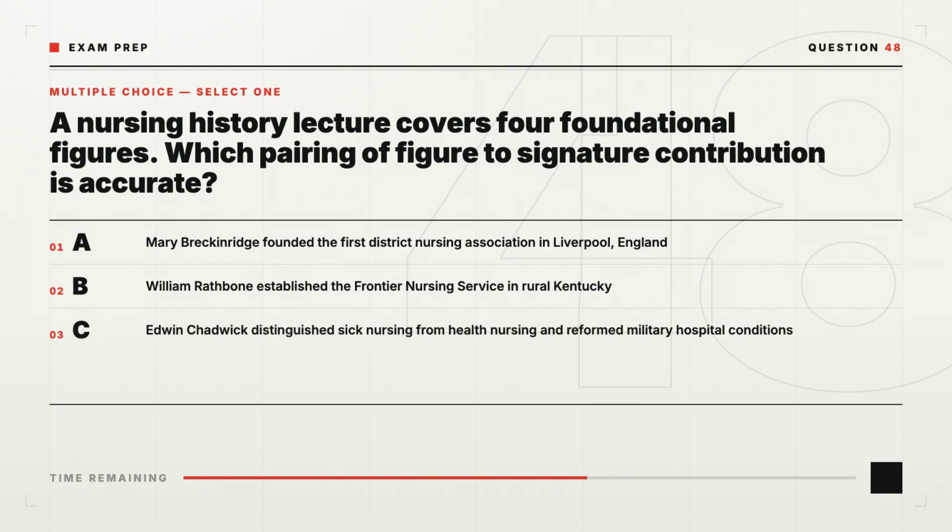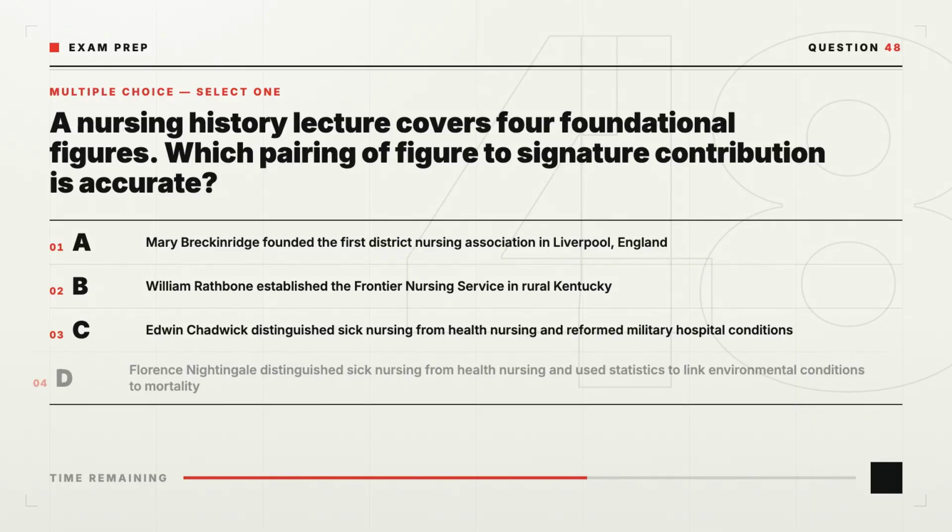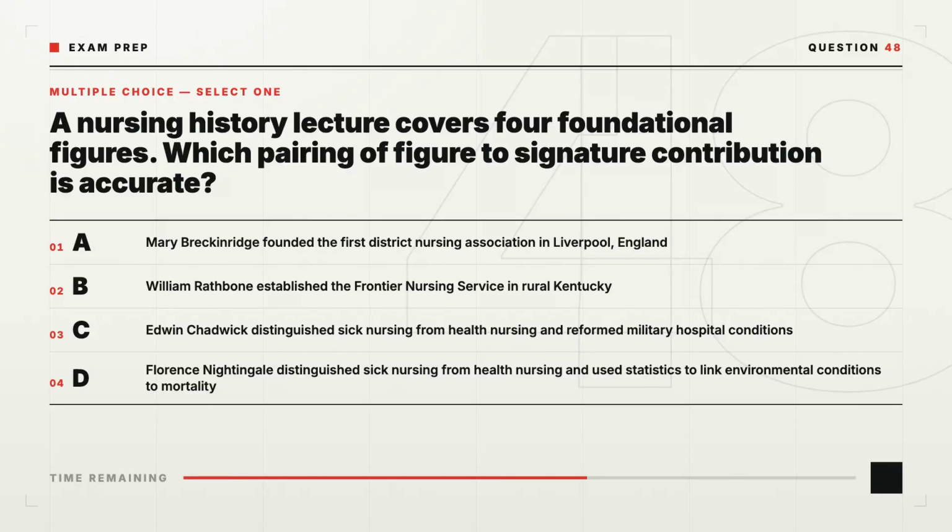C. Edwin Chadwick distinguished sick nursing from health nursing and reformed military hospital conditions. D. Florence Nightingale distinguished sick nursing from health nursing and used statistics to link environmental conditions to mortality. Got a guess? Lock it in.